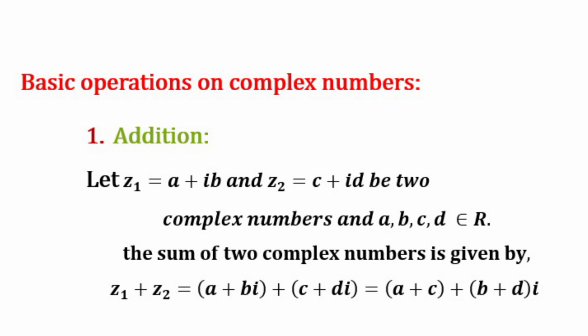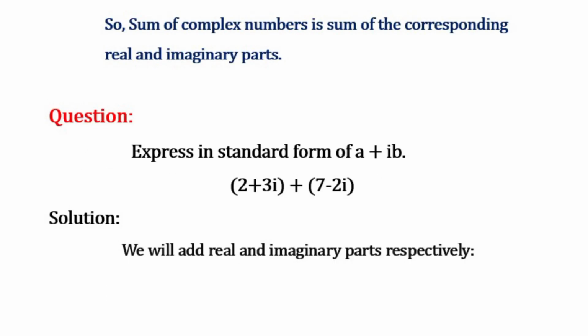The sum of complex numbers will be denoted as z1 plus z2 and will equal to sum of real numbers plus sum of imaginary numbers. Real part is a and c, so we will add them, and imaginary part is b plus d, so we will add them. So sum of complex numbers is sum of corresponding real and imaginary parts.